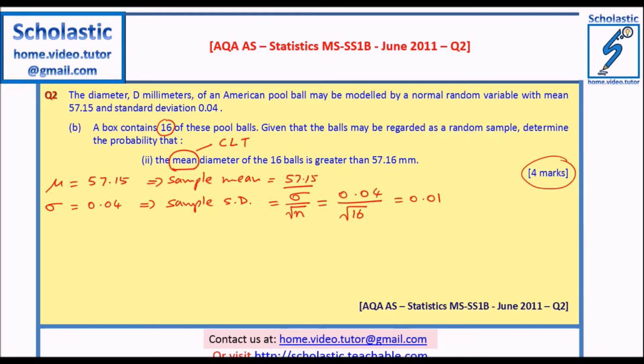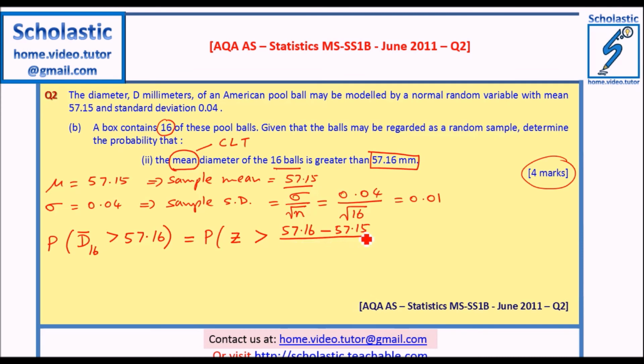Okay, now what we want to find out is the probability that the mean of the 16 balls is greater than 57.16 millimeters. Again we need to convert this to our new variable z, so it is the probability that z is greater than 57.16 minus the mean 57.15, divided by the new standard deviation 0.01.